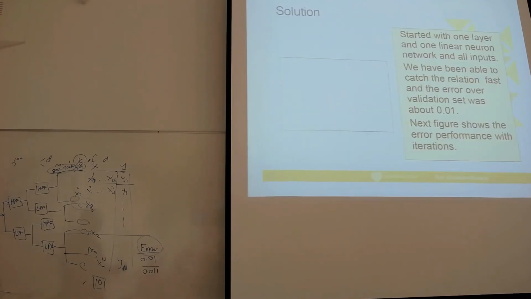This result shows that when we include all inputs from x1 to x4 and also the output, this is the validation error. The average error over the validation was only 0.01, which means that the network was able to capture the relation between the 4 inputs and the output. And this is the error performance during the training.